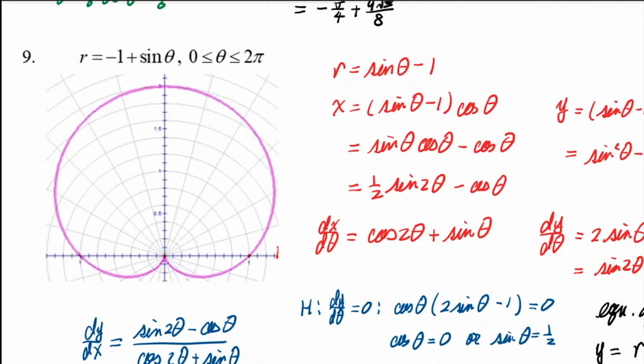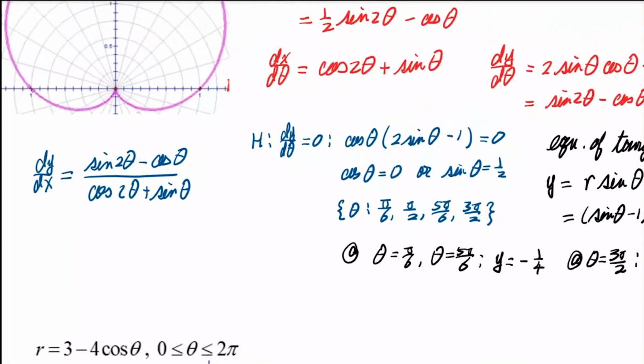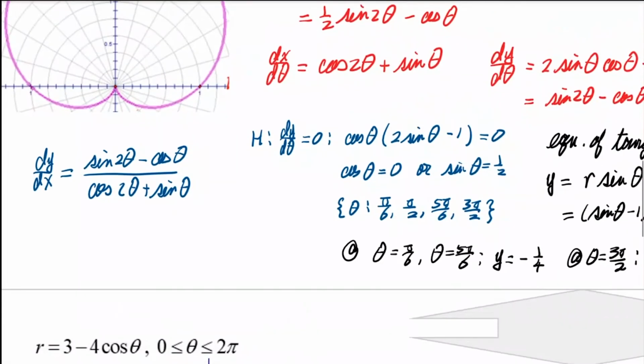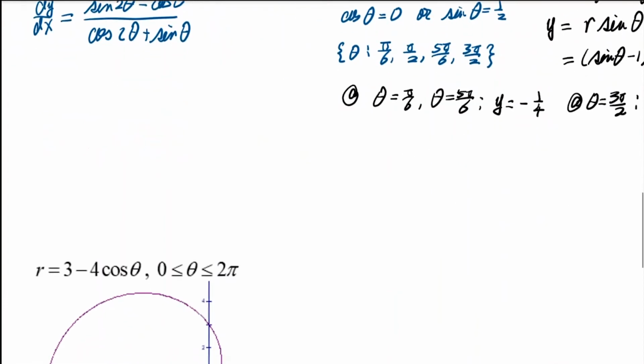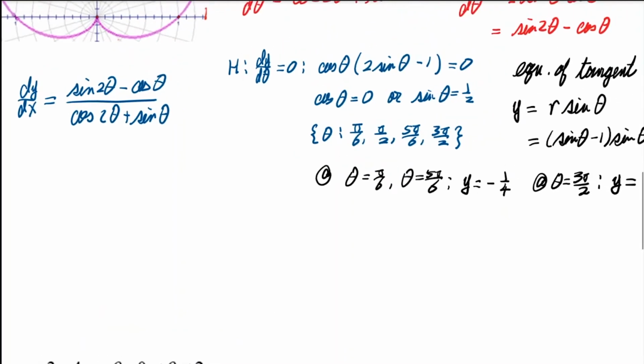Okay, then let's look at the vertical tangent, shall we? So vertical tangent. Now, vertical tangent meaning your denominator has to be 0 in order for the slope to be vertical, right?